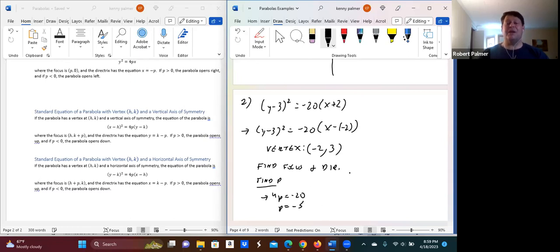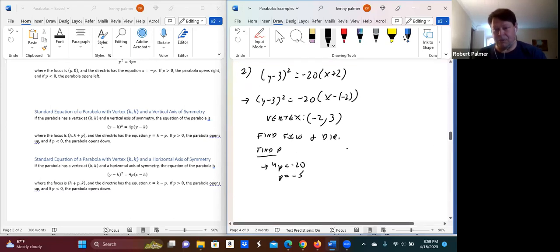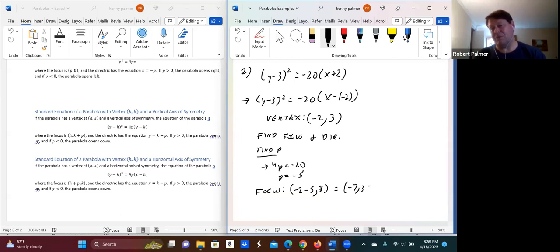And since it's negative, it opens to the left. Okay. So our focus is h plus p. So h, which is negative 2, plus p, which is minus 5, and then k, which is 3. And so that's going to be negative 7 and 3.